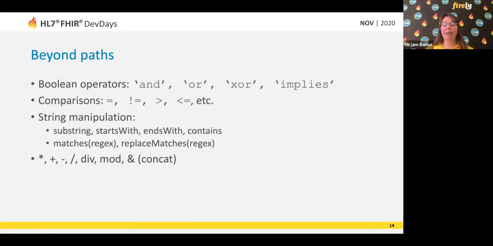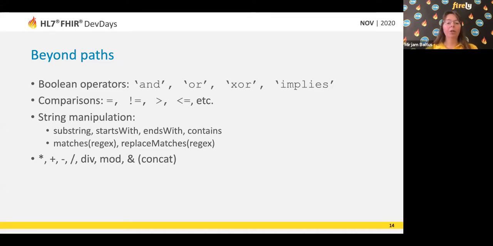So you can check something like, if this field in my resource is filled in, then another field has to be filled in as well, or then another field has to have a certain value with that implies functionality. Because suppose that first field has not been filled in, then that whole expression is okay. It will just be ignored because the first part already is false. Then the whole implies expression will evaluate to true.